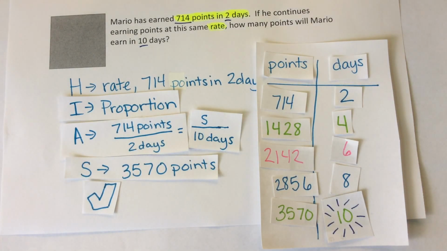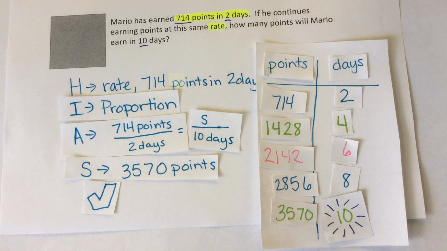Now let's check our answer. It's a rate. We used a proportion. My points line up with my points. My days lined up with my days. I needed 10 days, and I chose the number that was next to 10 days. So I answered in points. Let's also look at, is this answer reasonable? Now, 10 days is a lot more than 2 days.